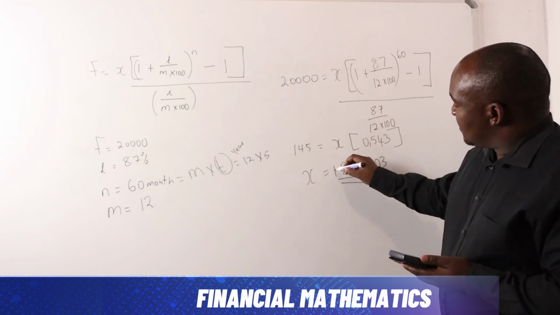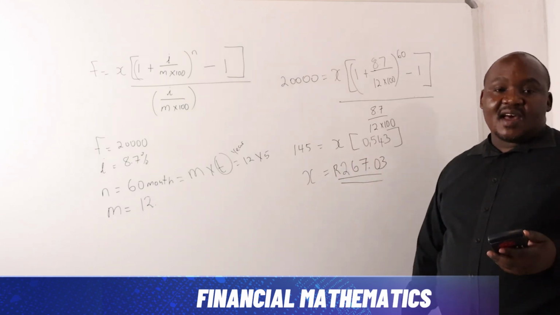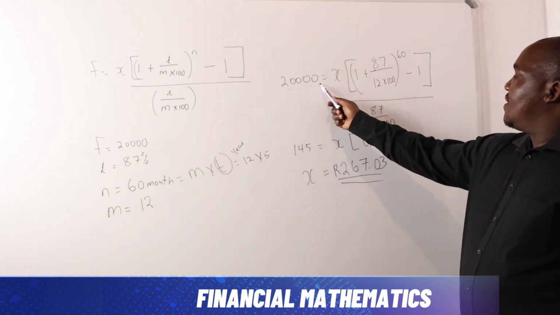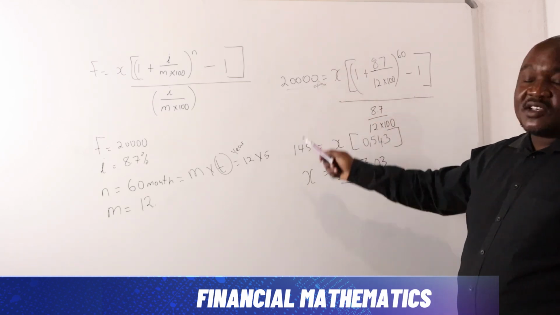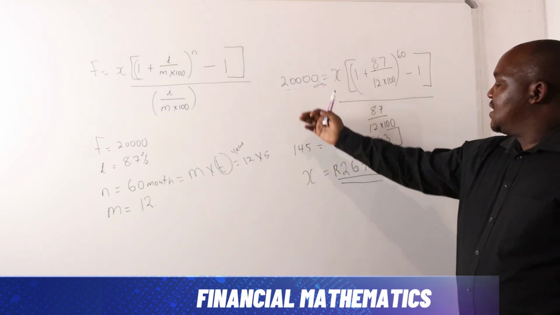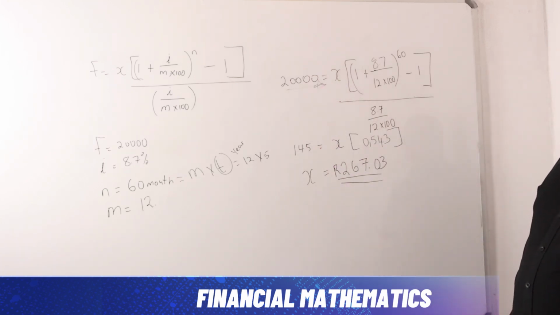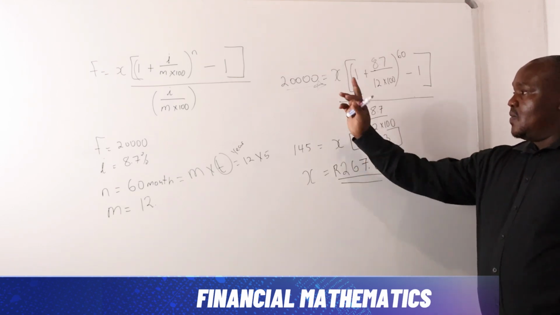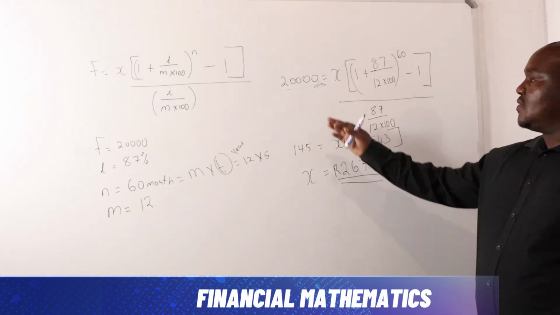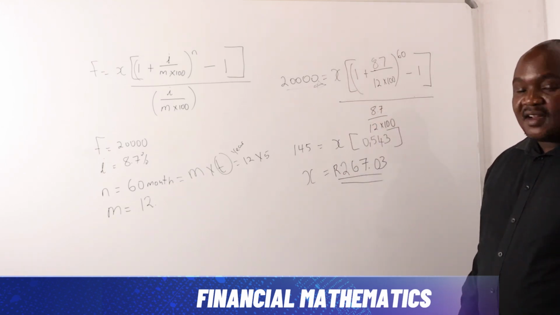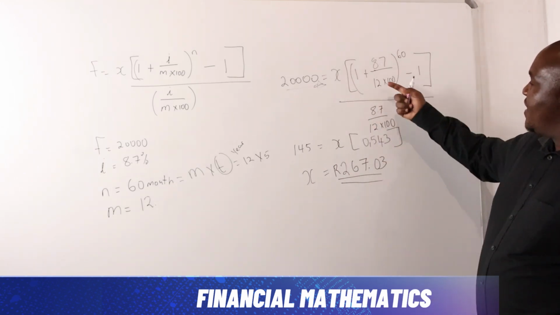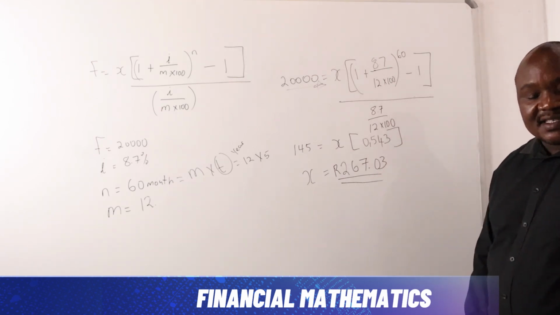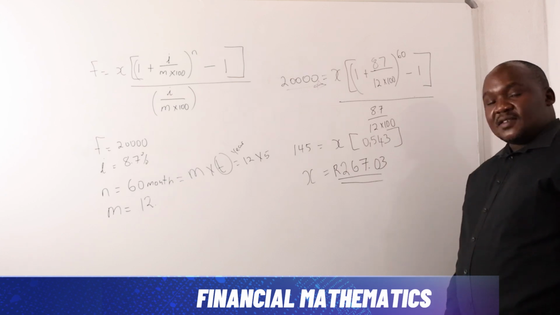This is the money that Kuda will have to deposit on a monthly basis so that after 60 months he can have the value in which he wants to buy a laptop, which is 20 grand. If he deposits 2,677.03, he will definitely achieve his target of 20,000 rand after 60 months, when it's compounded monthly at 8.7% interest rate per annum. So thank you very much.